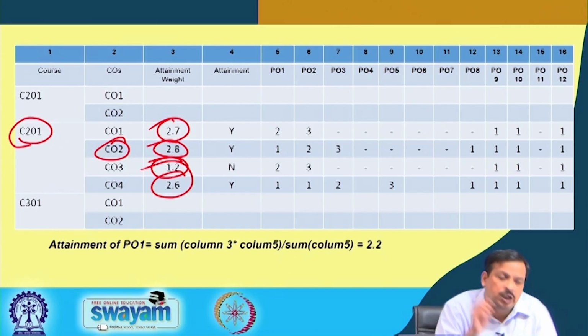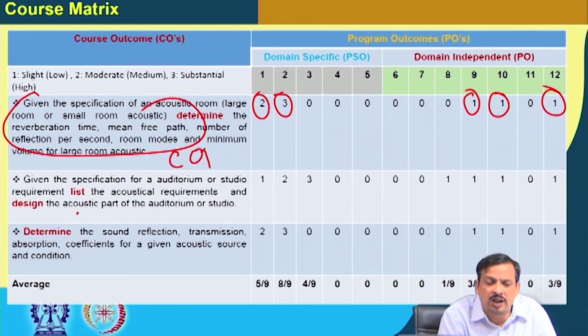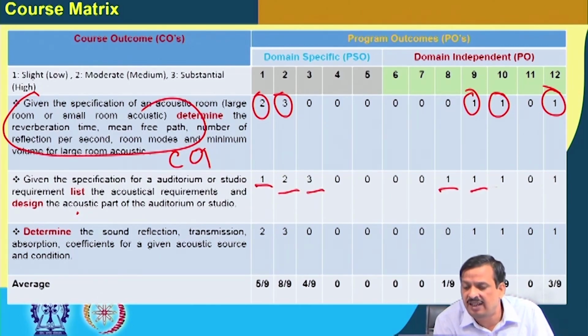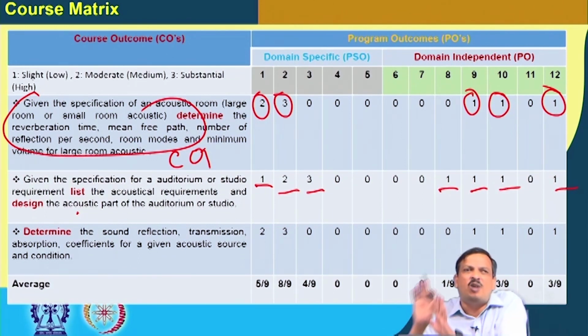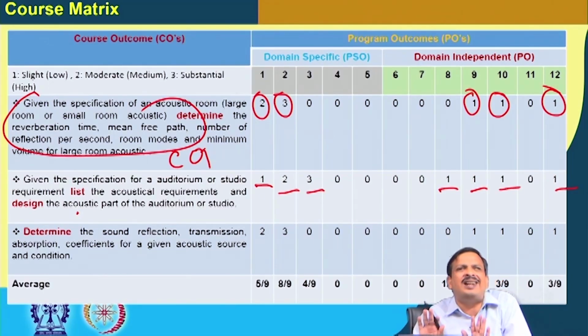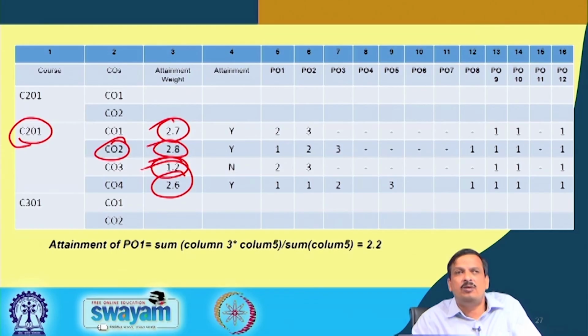Now, you already have this course matrix. CO2 is related to PO number 1, 2, 3, 8, 9, 10 and 12, and you have ensured the test items were designed with all those considerations. Now, you calculated the average attainment level of CO2 for your class is 2.8. Okay?